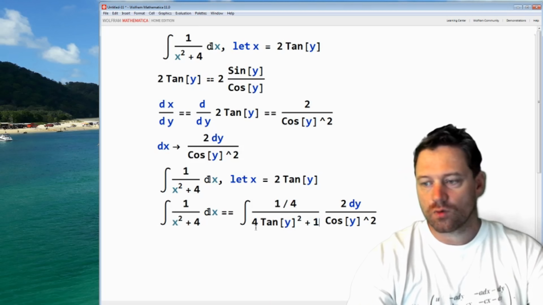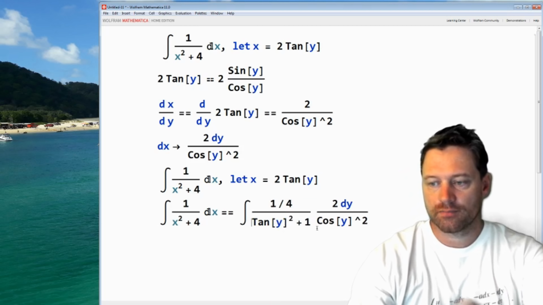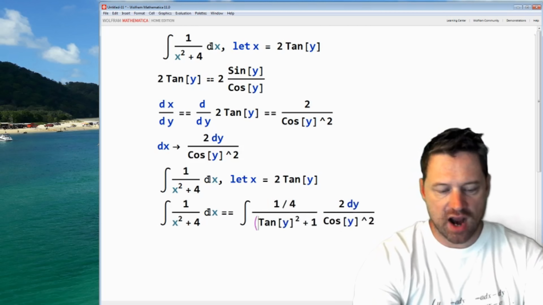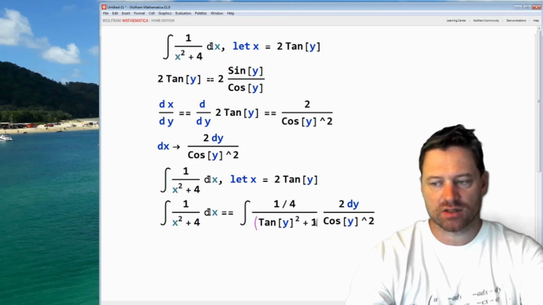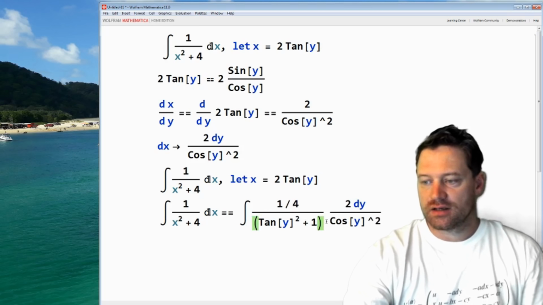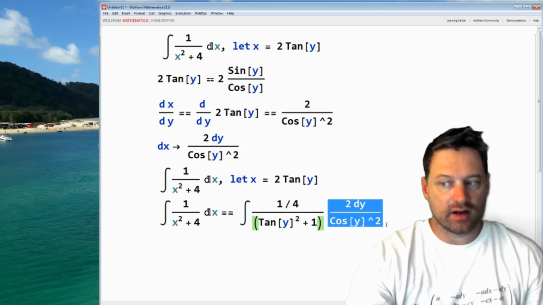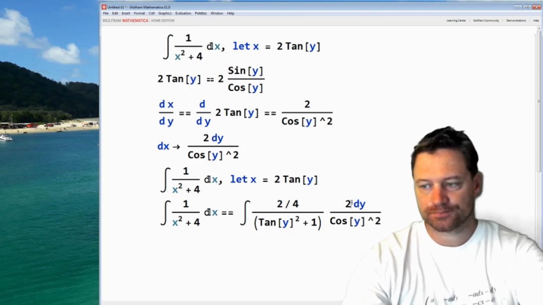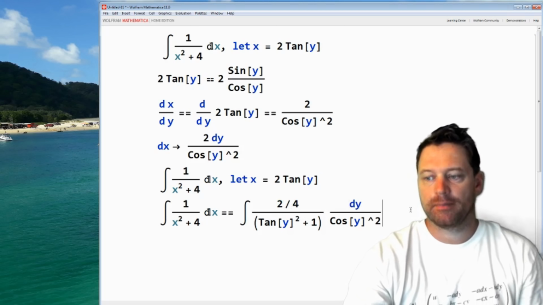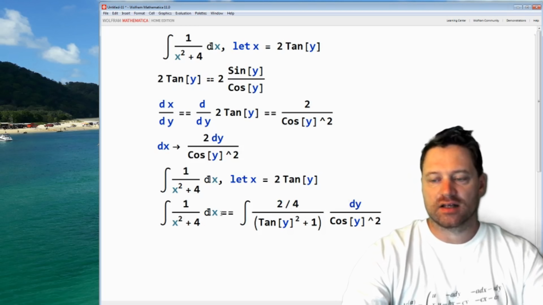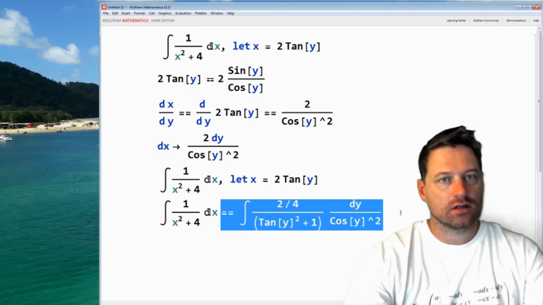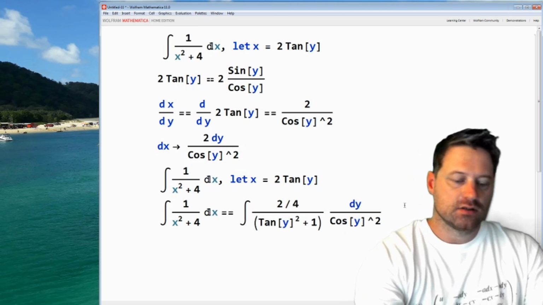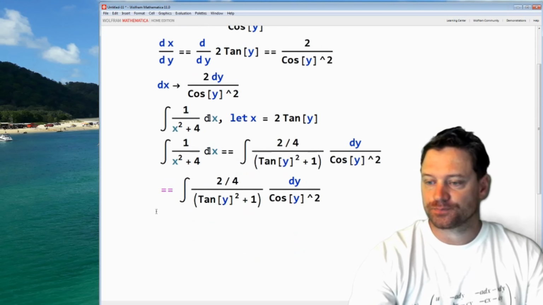And let's put a bracket around this because we want to then multiply throughout by this cos squared y right there. Okay, and we'll pull this 2 over here at the same time. Now that's probably enough to go on and include a new line.